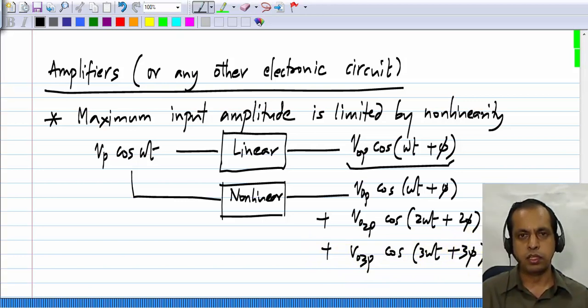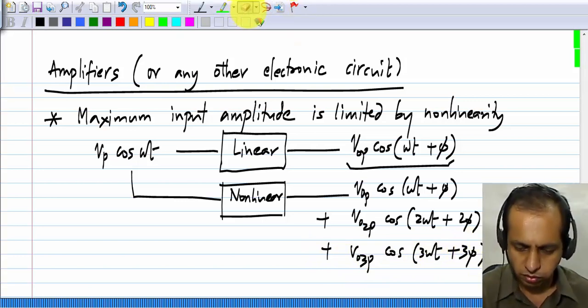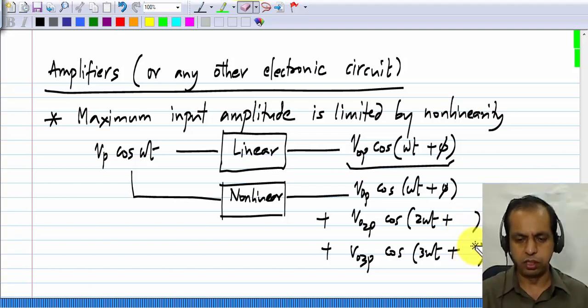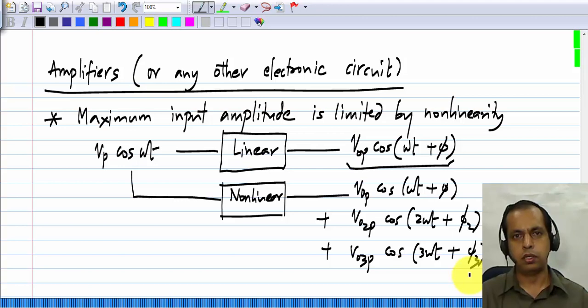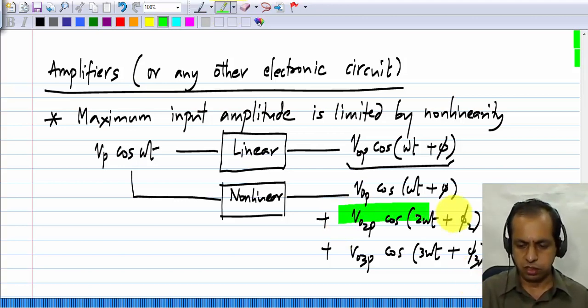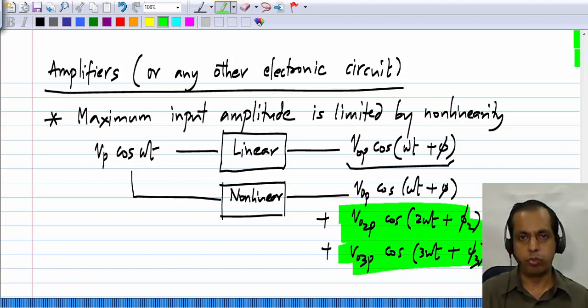This would never happen in a linear circuit. And these are the nonlinear products.